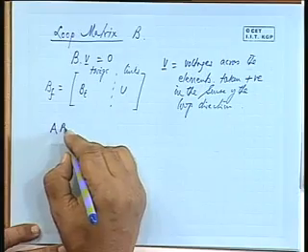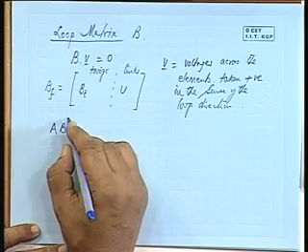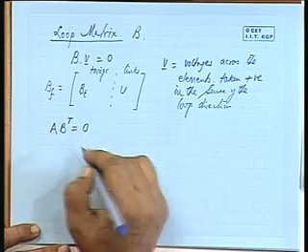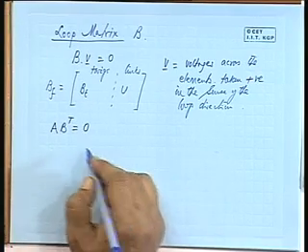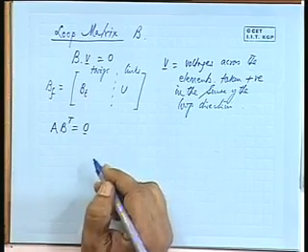Now, we also established this relation A into B transpose equal to a null matrix. Is it not? Because if you remember, what is the incidence matrix A?